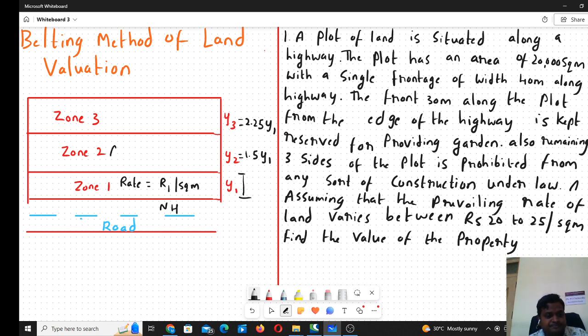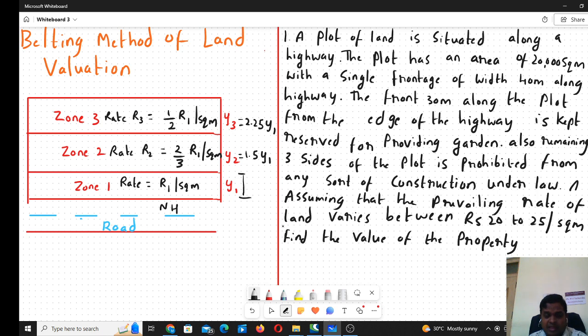Similarly, rate R2 will be 2/3 of R1 per square meter for zone 2. And rate R3 for the third part will be 1/2 of R1 per square meter. These are the general assumptions we take when considering the belting method of land valuation.